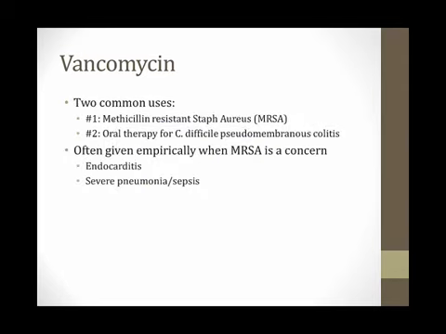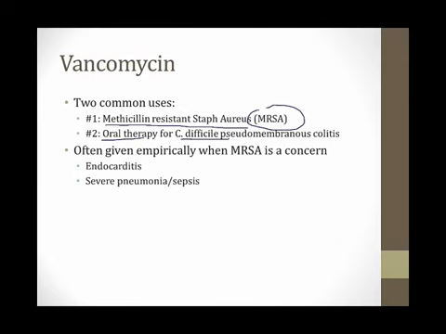Vancomycin is generally given in two scenarios. One is methicillin-resistant Staph aureus, or MRSA. When staph bacteria become resistant to the staph penicillins, then vancomycin is used for therapy. The other scenario is oral therapy for C. difficile pseudomembranous colitis. Vancomycin is poorly absorbed, so it's usually given IV.